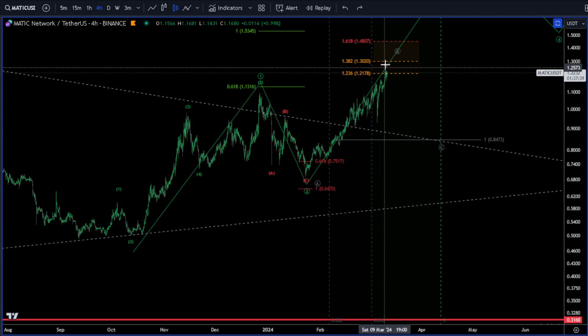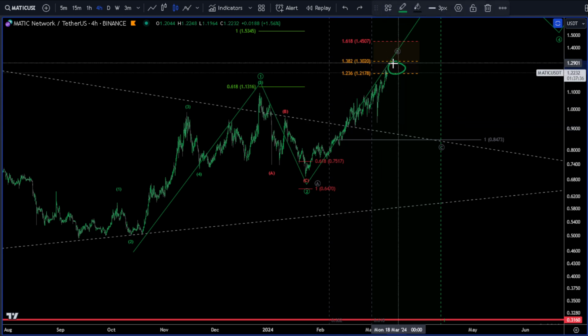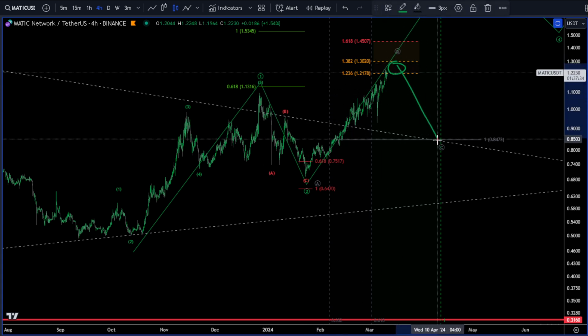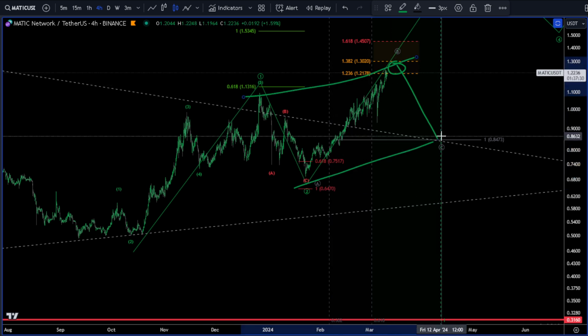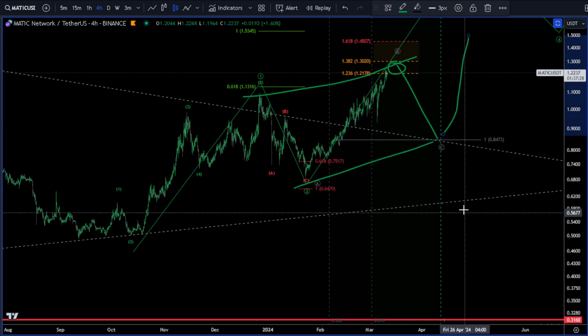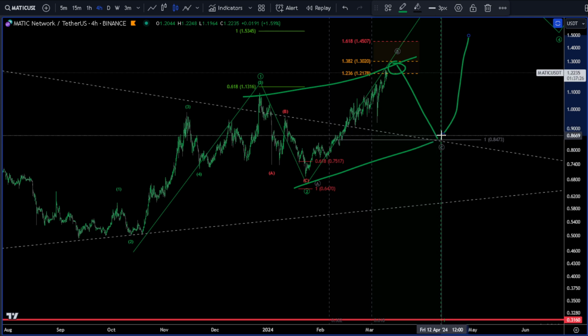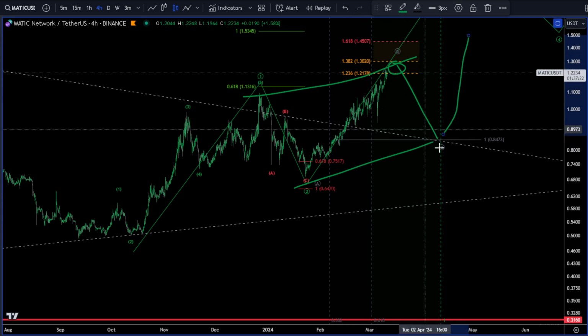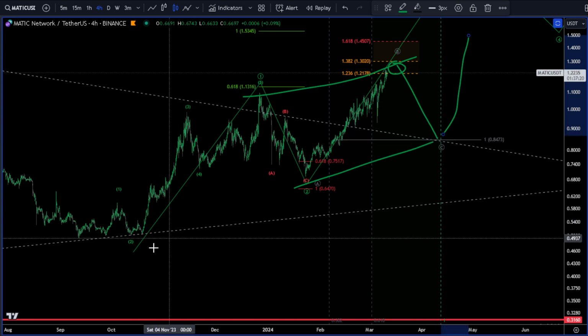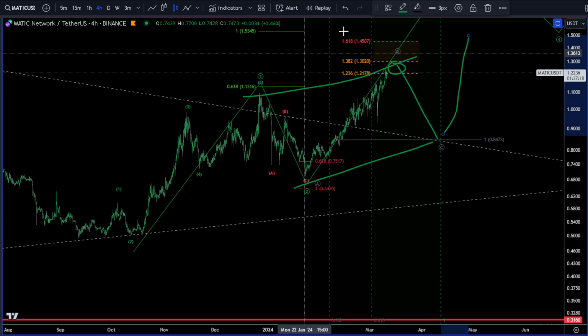We're also within the B zone area of this becoming a running flat. Still a bullish signal. It just means we'd pivot from this level down around 80 to 85 cents and then move to the upside if this breaks down. And you can see that lines up to our 1-to-1 in time of this move to the upside.